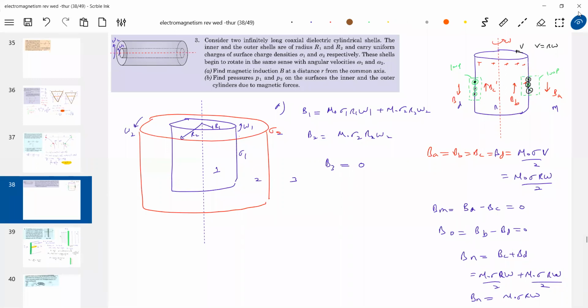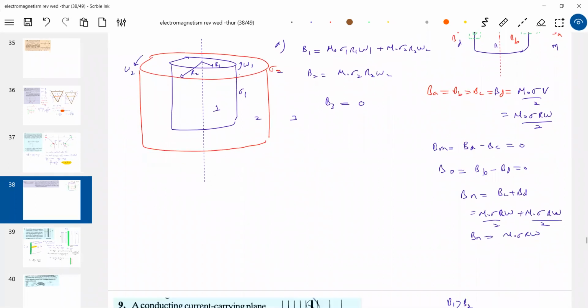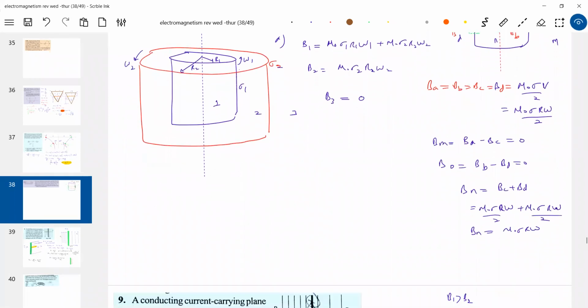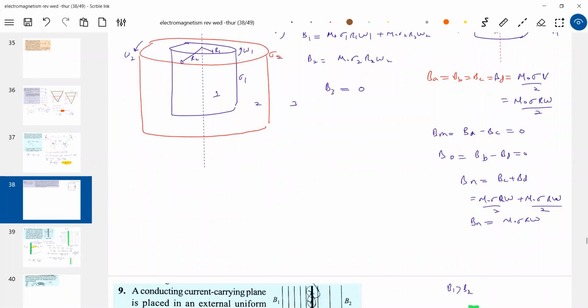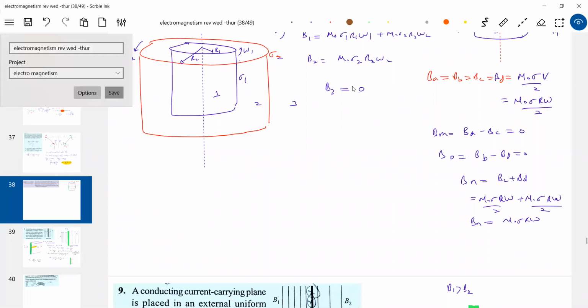Okay, now with this background, it is asking us to go to the pressure. If you want, you can use a solenoid, but not advisable. Field outside the solenoid will be 0.